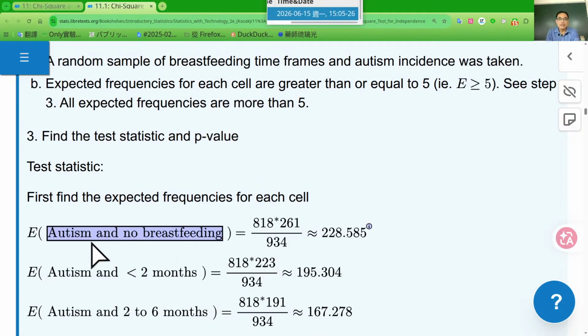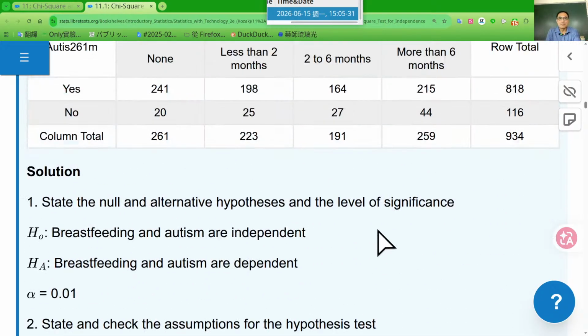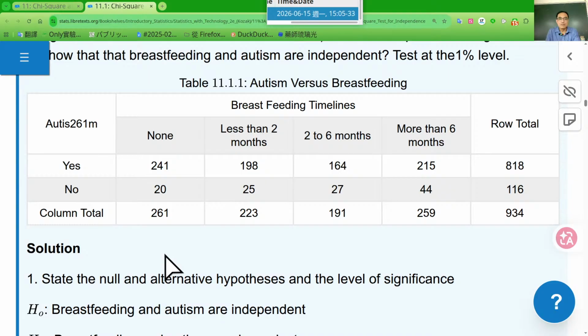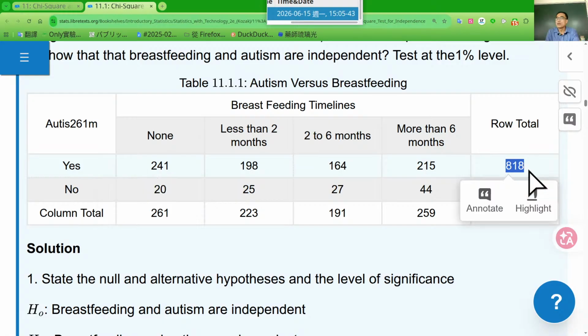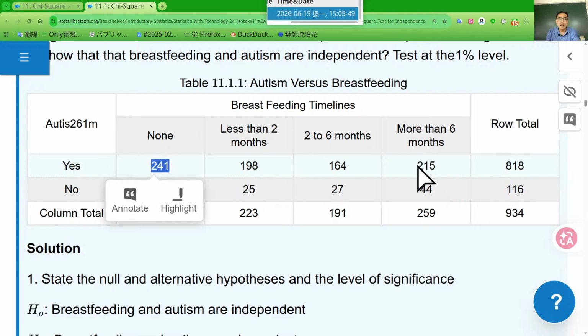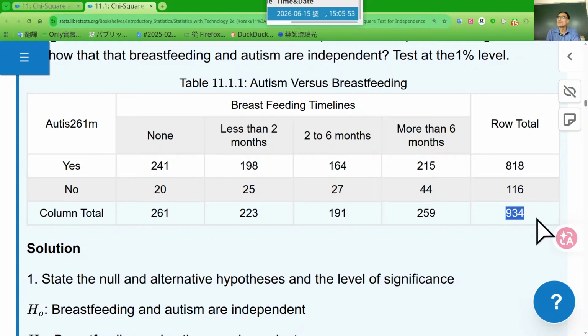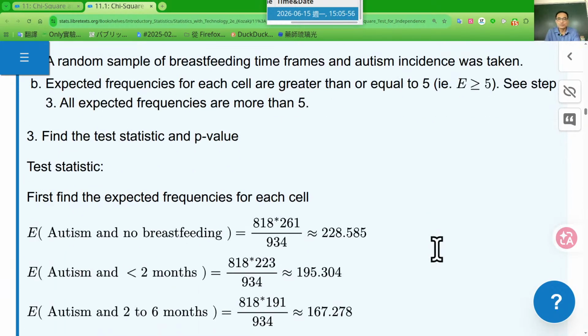Again, expected value: autism yes here, and no breastfeeding here, 261, times the total 818. This one times this one, divided by this one. And the value is 228.